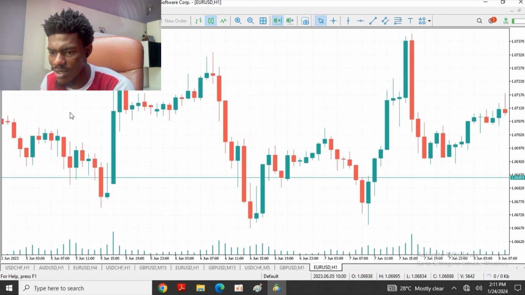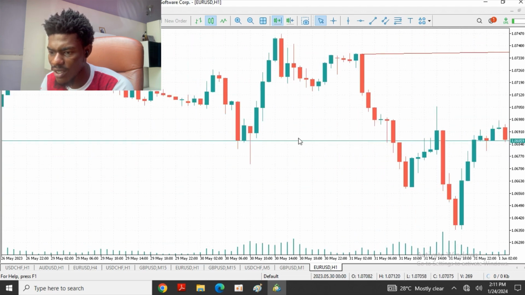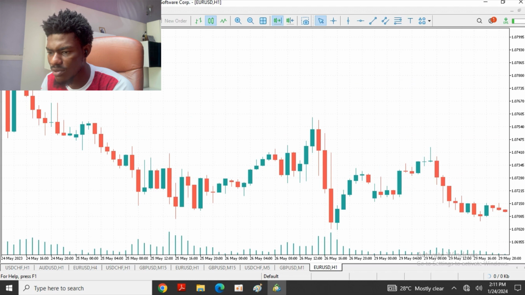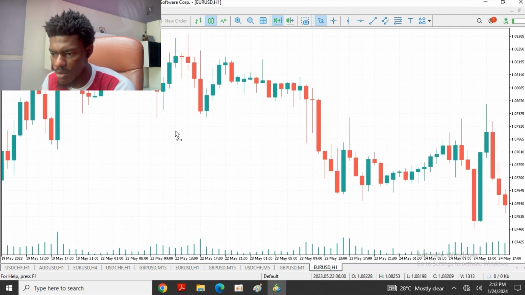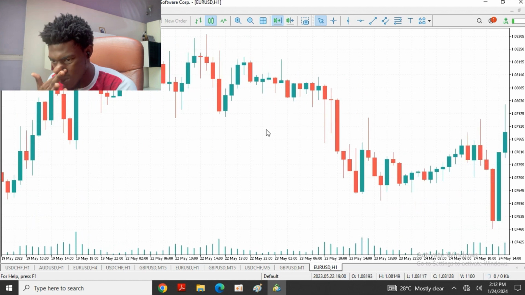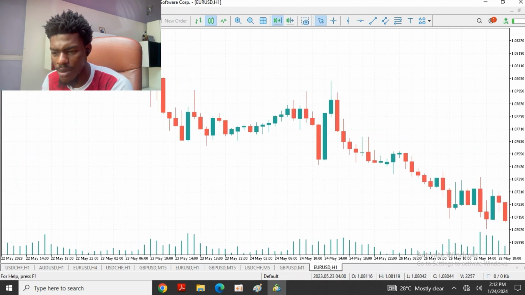Let me use another example. You see, this was the last bullish candle before this bearish expansion. But if you count 1, 2, 3 candles, there was no imbalance or space in between these candles. So it's not a high probability order block. Though price might still respect it, it's not a high probability order block, you understand?